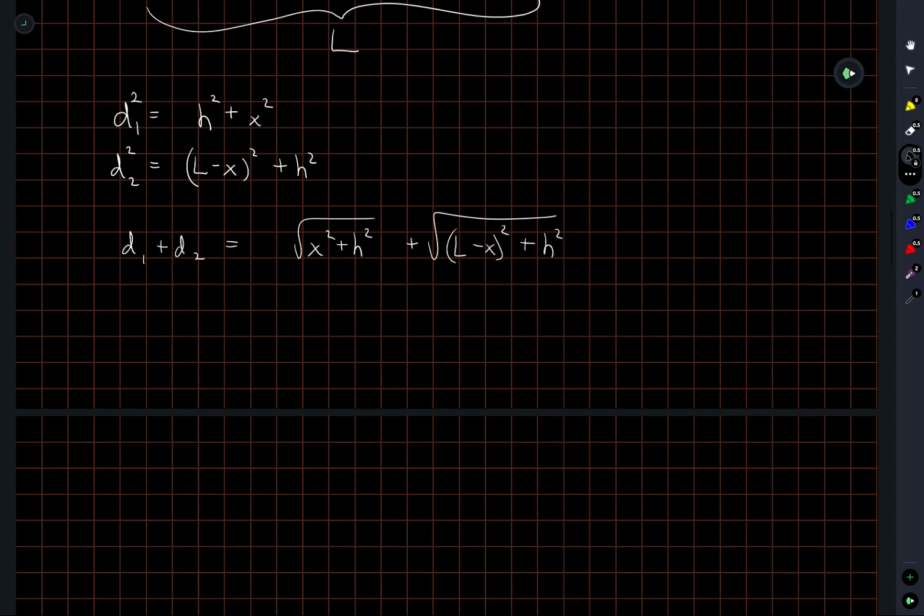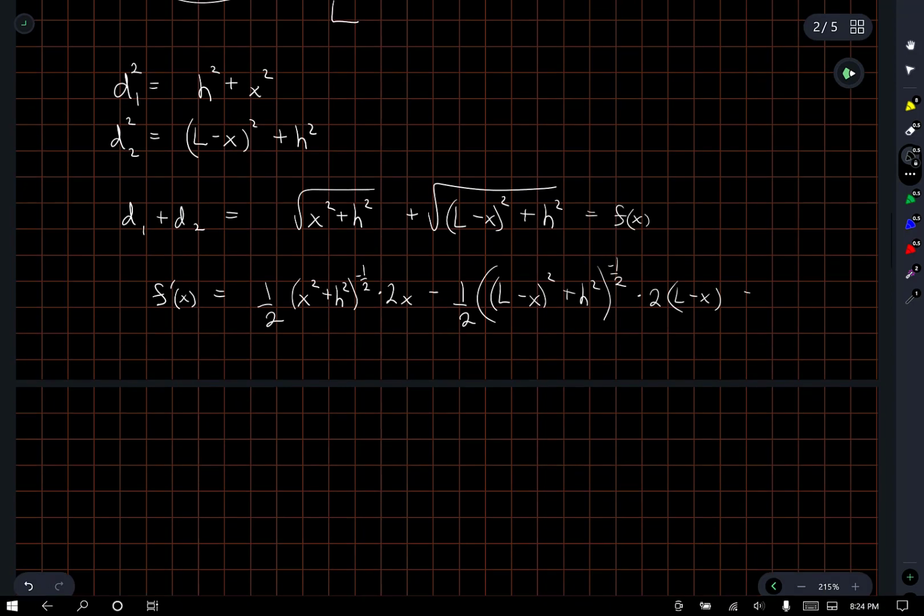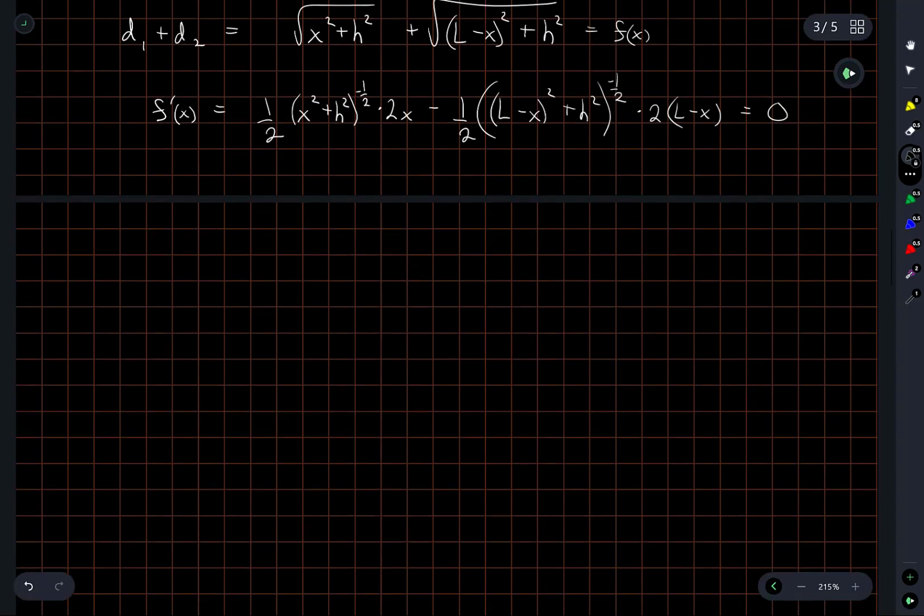Okay, I'll just call this a function of x. And I want to minimize this perimeter. So I'm going to take a derivative of f with respect to x, and this should be equal to 0 when x is a minimizing value of my function.